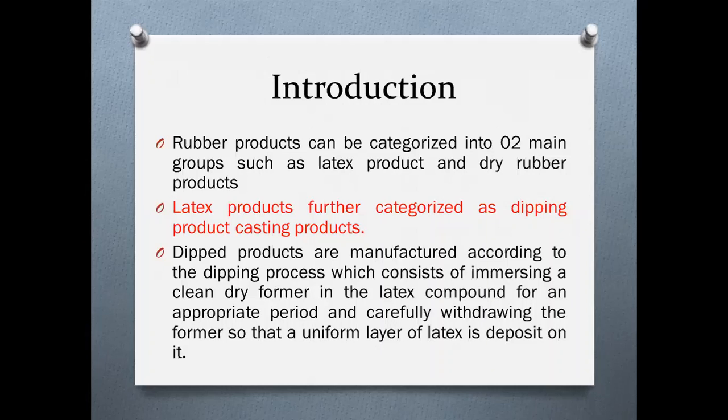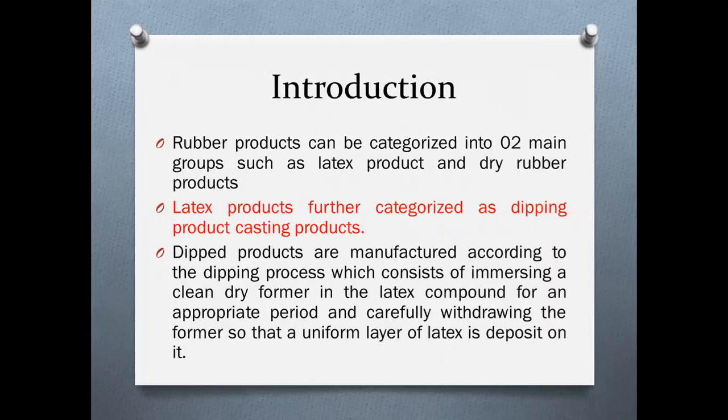And once we coagulate the latex first and then add the ingredients to produce the different products, those products are known as dry rubber products. Balloon is a latex product, gloves is a latex product, and examples for dry rubber products are tire, shoes, and slippers.